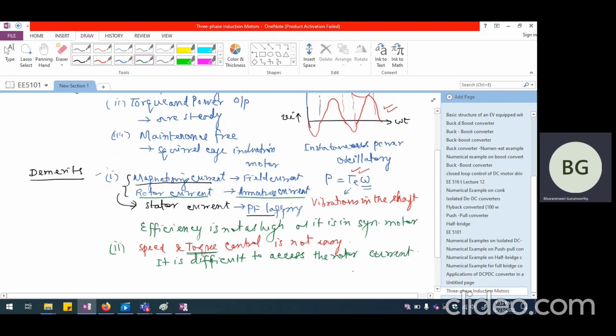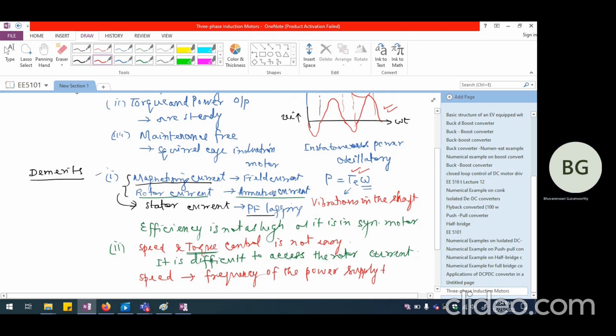Another thing is the speed depends upon the frequency of the power supply given to the stator. So unless we have a chance to vary the frequency, we are not going to be able to control the speed very easily.